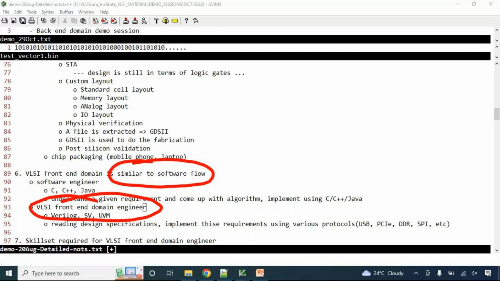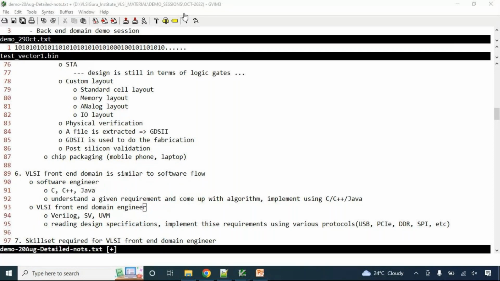Okay. Now, the only difference between software and hardware is software doesn't have a backend flow. Do we manufacture a software into a chip? No, right? Software is installed in my mobile or in hardware and used. Whereas in VLSI, there is something called backend flow, where once you have developed a Verilog code, that needs to be converted into the chip. That is called backend flow.